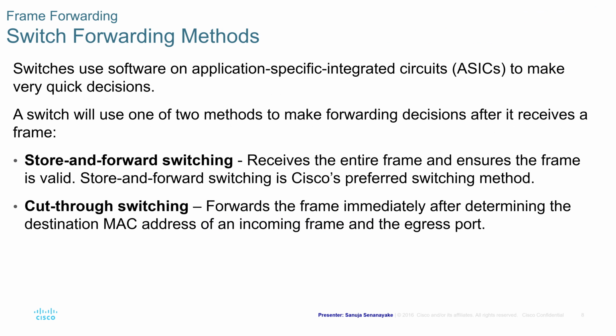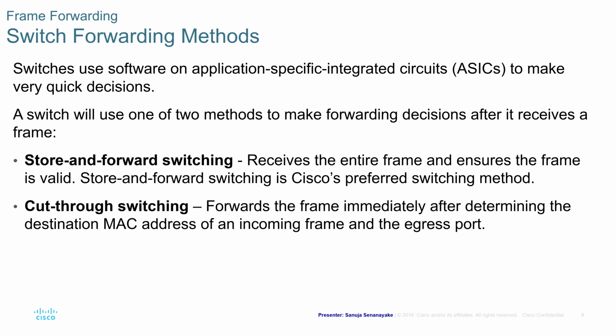Switch forwarding methods. Switches use software on application-specific integrated circuits, also known as ASIC, to make very quick decisions. A switch will use one of two methods to make forwarding decisions after it receives a frame: store and forward switching and cut-through switching.